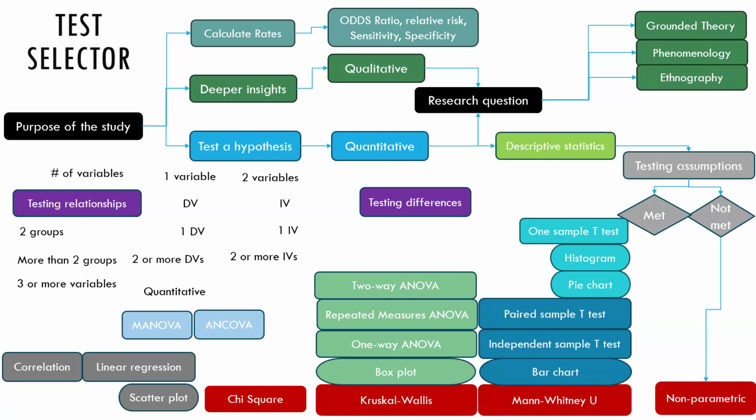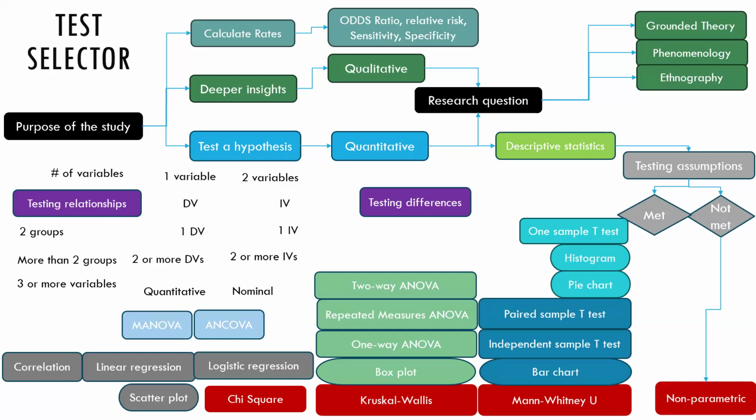And then finally, when we get into relationship testing, if your variables are quantitative, meaning that they're interval or ratio variables, then you're looking at a correlation or a linear regression, and it can be used in a scatter plot. If your variables are nominal, then you are looking at a logistic regression.